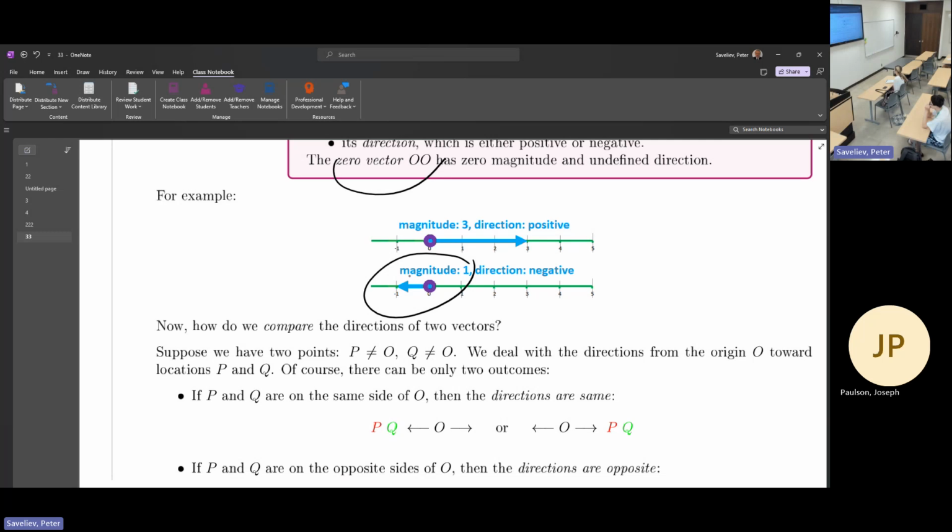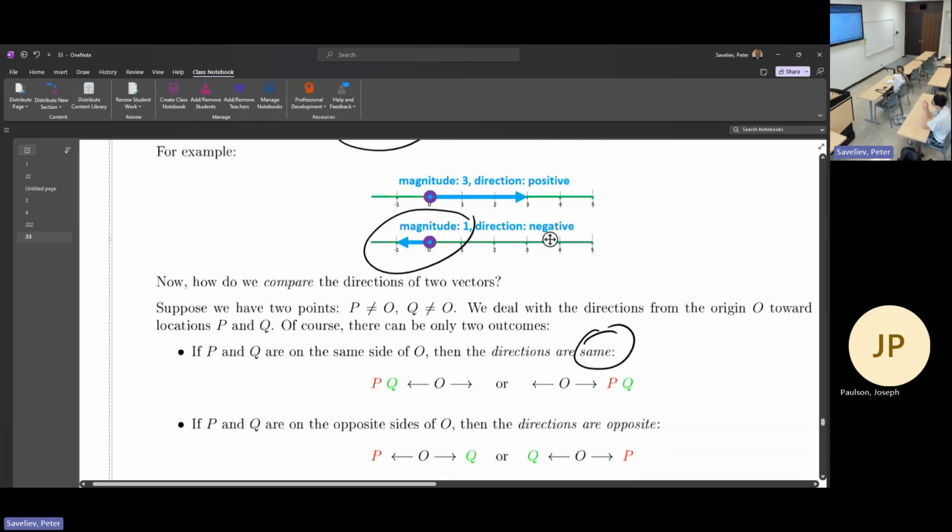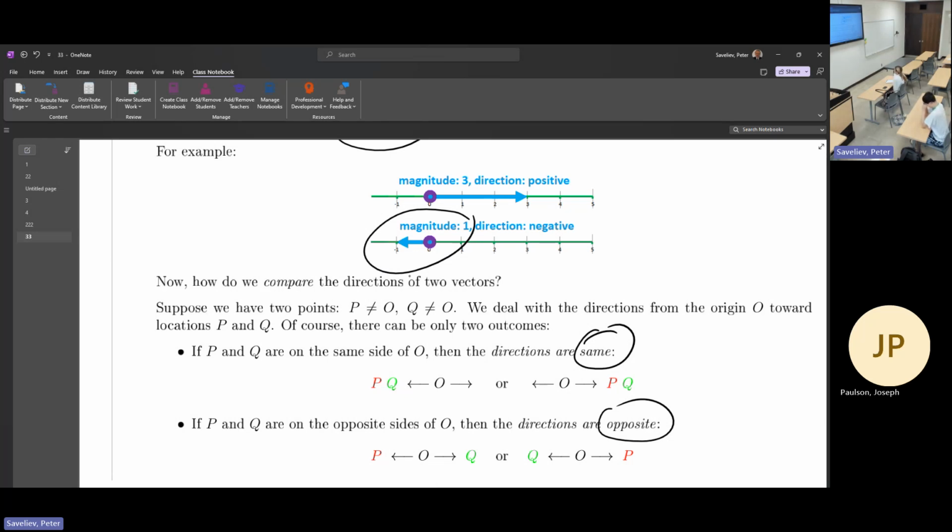Imagine that you don't know anything about angles and have never done any angles before, you can still speak of directions in the one-dimensional case, because there are two answers to the question, what's the angle between them: either they are the same or they are the opposite. That's a totally valid answer. So whenever the endpoints are on the same side of O, the origin, the directions are the same, or if they are on opposite sides, then the directions are opposite.